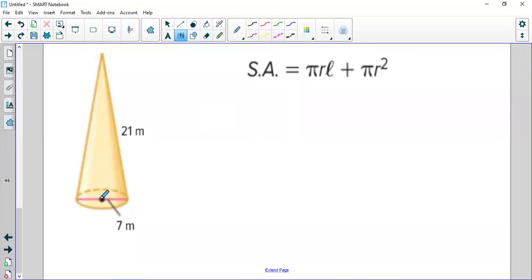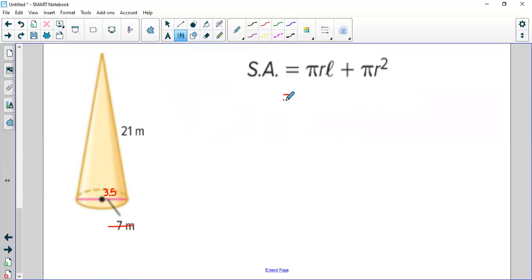Given this red pink line all the way across the bottom here, that means that this 7 is not the radius. What is it? It's a diameter. So 7 is not going to be part of our problem. We need a radius here. So if the diameter is 7, radius is half of that. Radius is 3.5. And that slanted height is 21.